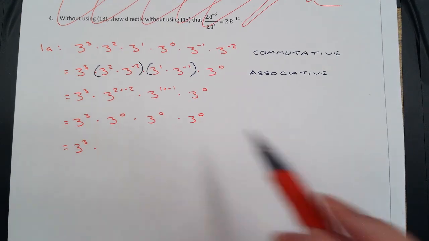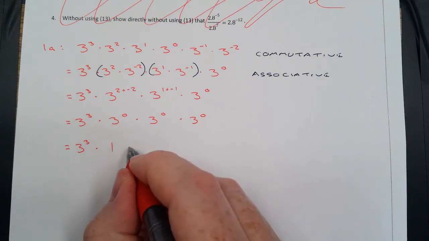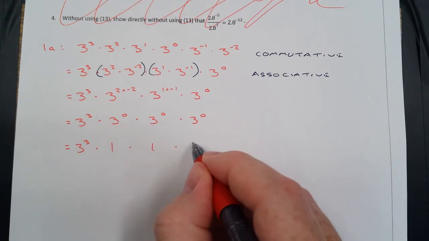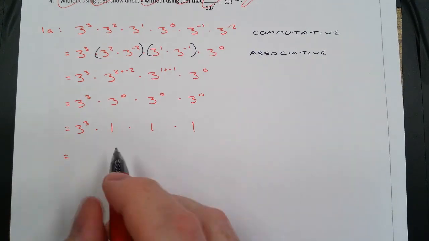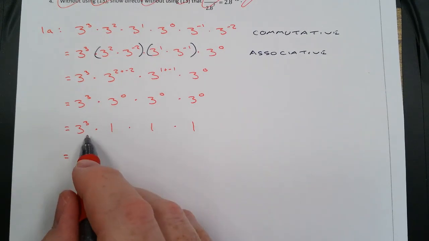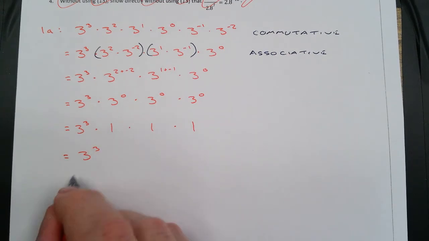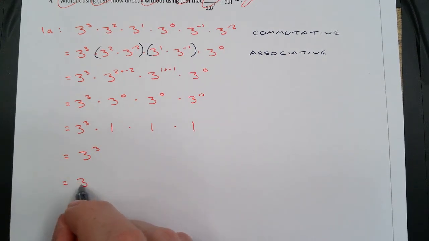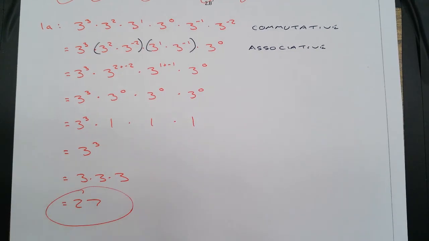In the last lesson we learned anything to the 0 is 1. So that's a 1, that's a 1, and that's a 1. So this is just 3 to the third times 1 times 1 times 1, which is just 3 to the third. 3 to the third is 3 times 3 times 3, which is 27, which is the answer to part A.